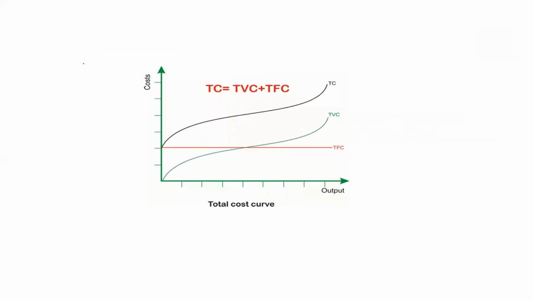So here in this figure, or in this graph, the relationship between the three things, total fixed cost, total variable cost, and total cost, has been given. You can easily see that. The red colored line specifies the total fixed cost. It tells that this is parallel to the OX axis, that means it always remains fixed.